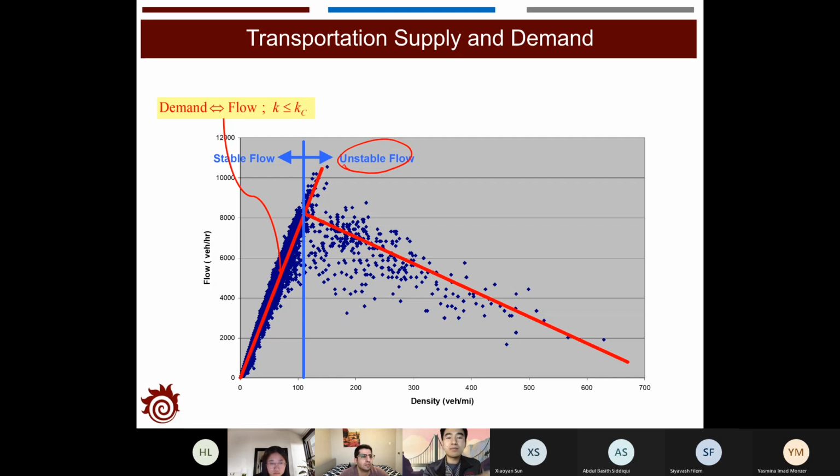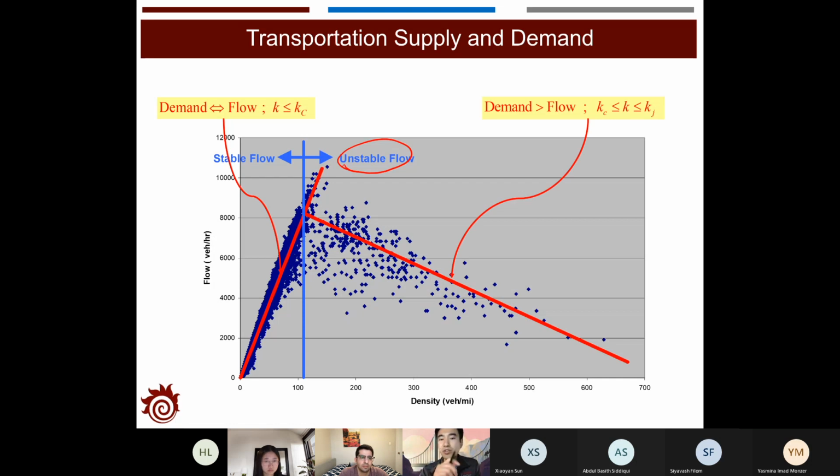In this fundamental diagram, when the road is free and not congested, the demand is defined as the flow. It's just the flow, exactly the same as the number of vehicles traveling on the road. But the tricky part is on the right side, when the road is congested.